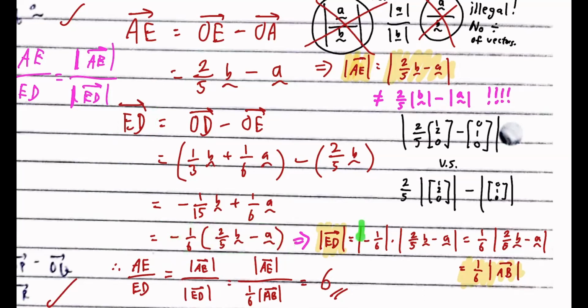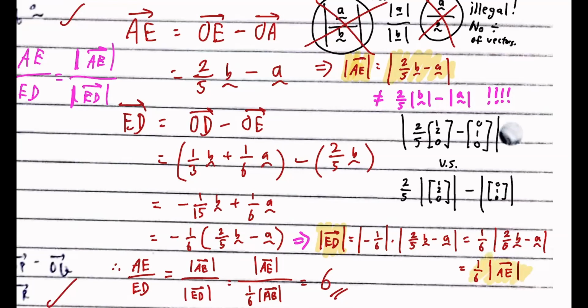I will get the modulus of negative 1/6 multiplied by the modulus of 2/5 B minus A. Then I replace the 2/5 B minus A with vector AE. I also simplify the modulus of negative 1/6 as positive 1/6. So I get 1/6 times the modulus of vector AE. Sorry, that was a typo over here. Should be an E here.